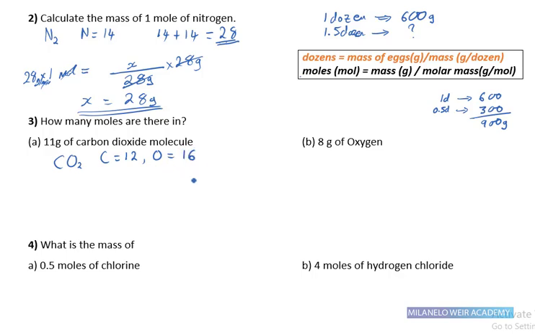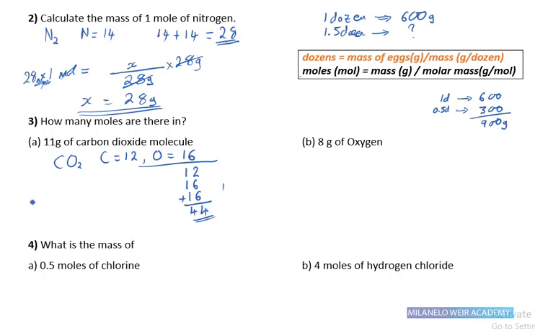So 12 for carbon, then 16 for oxygen. 6, 12, 13, 14 for carry 1, 2, 3 plus 1, 4, 44. Right? Molar mass is 44.